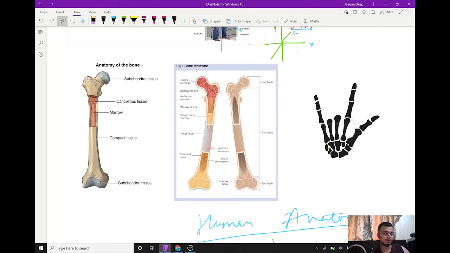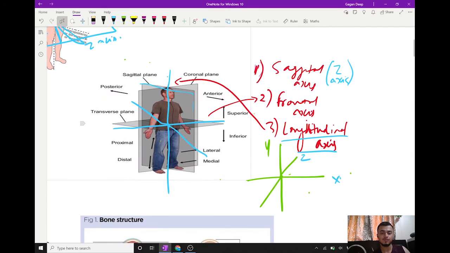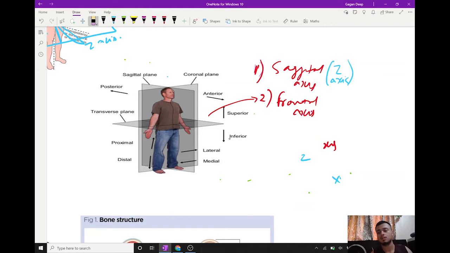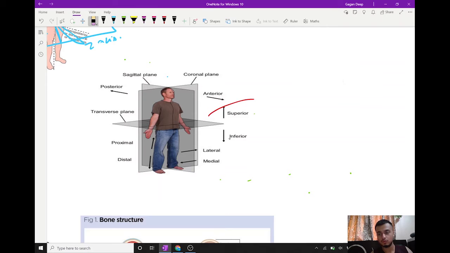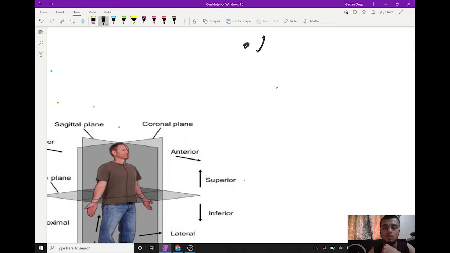We can describe some commonly used terms related to the terms which we have left by now. See, we have covered some terms, let's go through them once again. I'll write them over here. We have discussed what superior is, what inferior is.